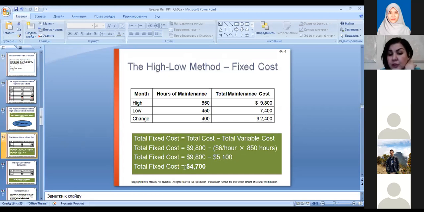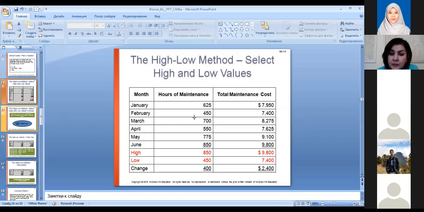So total fixed cost equals 9,800 minus variable cost, 5,100, which equals 4,700. And we know that fixed costs remain fixed for this activity level.